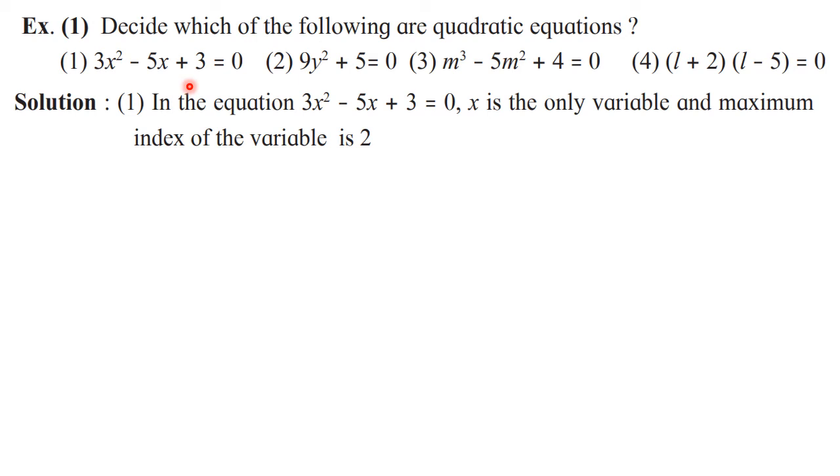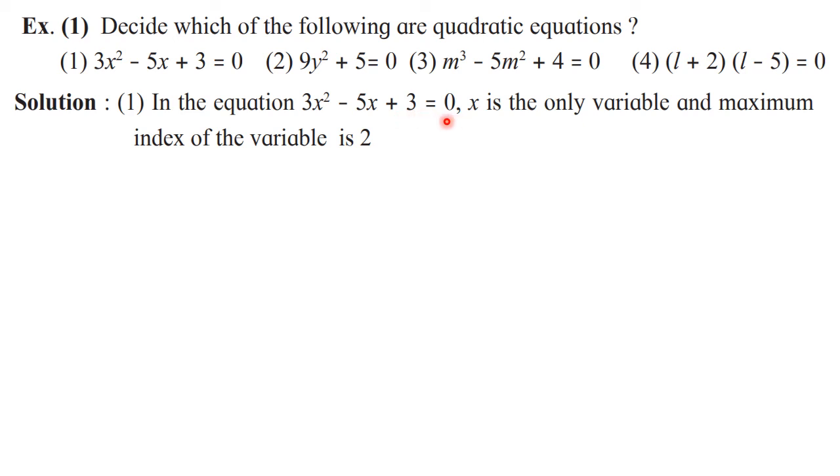So that is why writing this statement is very, very important, because you need to justify your answer. Simply by seeing, you cannot write, yes, it's a quadratic equation. No. You need to justify your answer. Then only you are going to get marks. Okay. So the first one, see, 3x square minus 5x plus 3 is equal to 0.